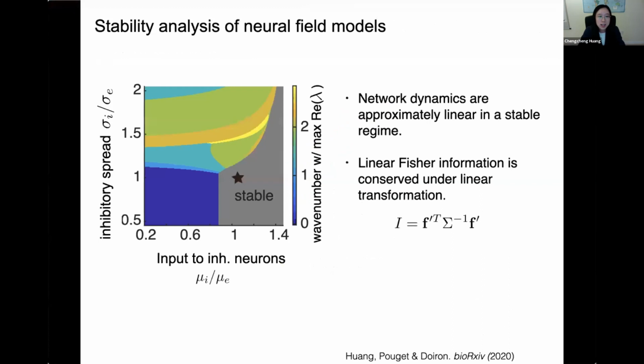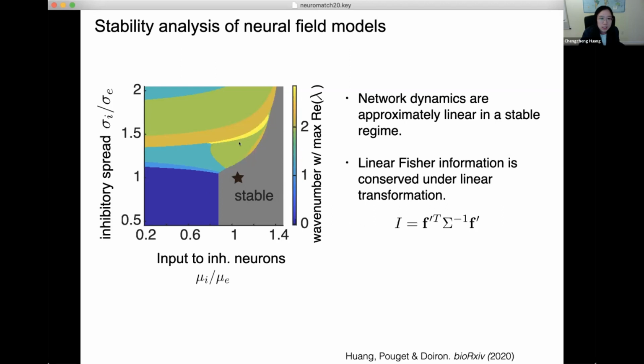So it turns out that for the parameter regime that I just showed you, the network is in the stable regime. So it means that the firing rate dynamics of the network is uniform, and with constant input current, it will generate asynchronous uniform dynamics.